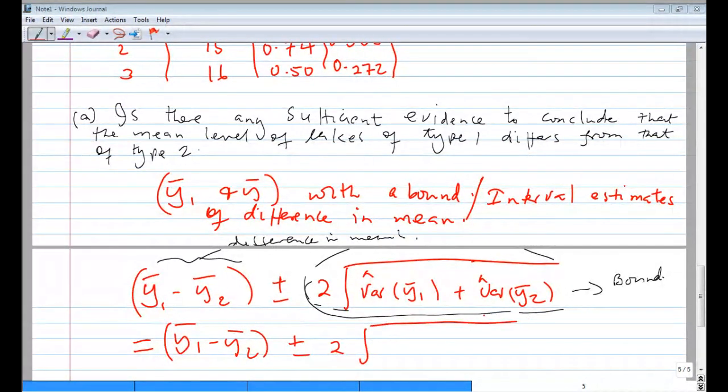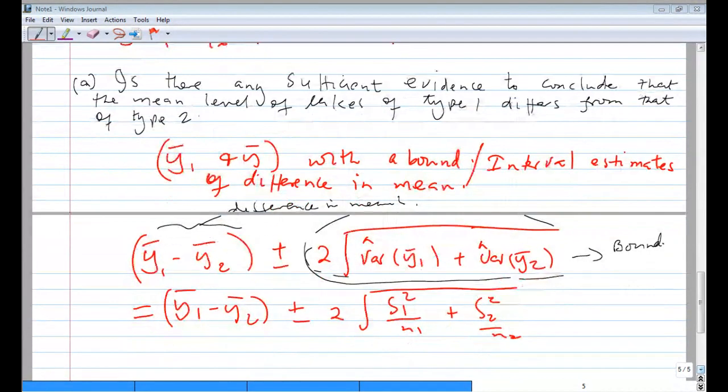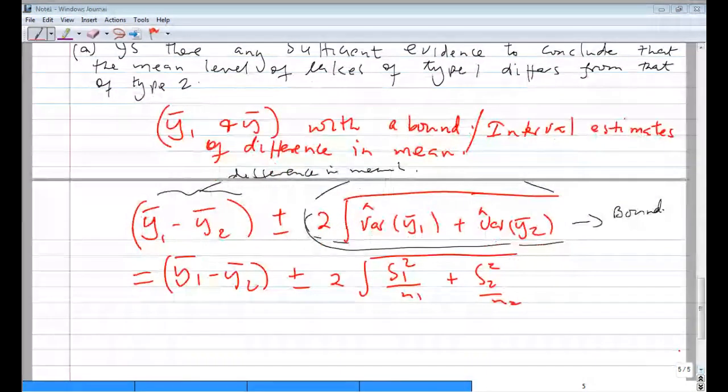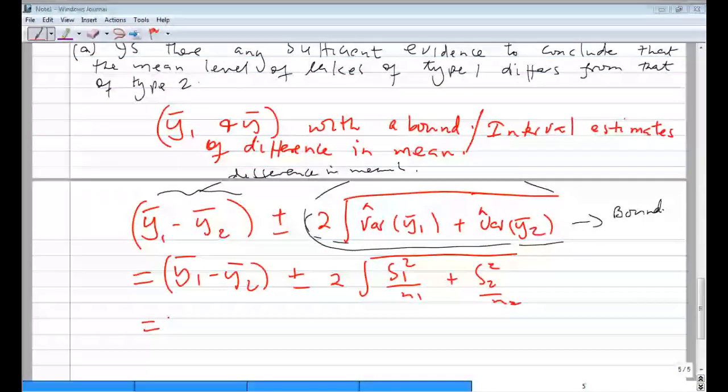The estimated variance of the estimated mean is the same as S1 squared over N1 plus S2 squared over N2.